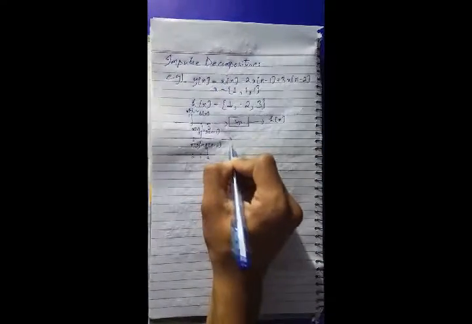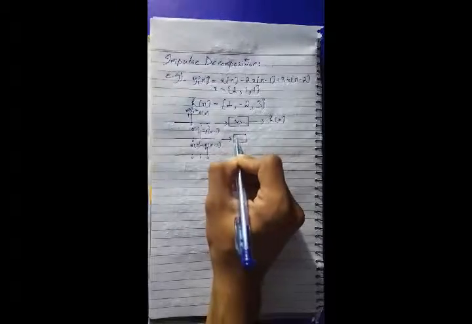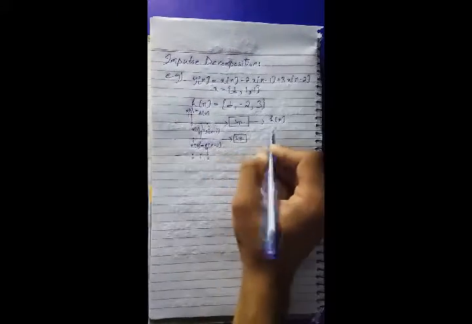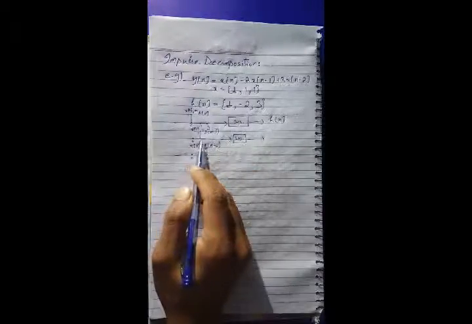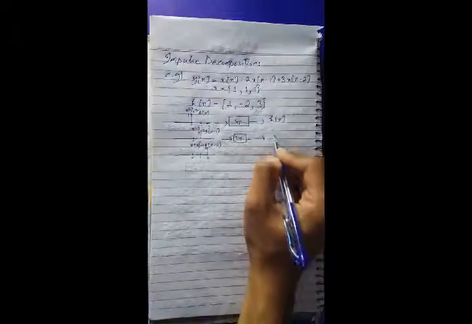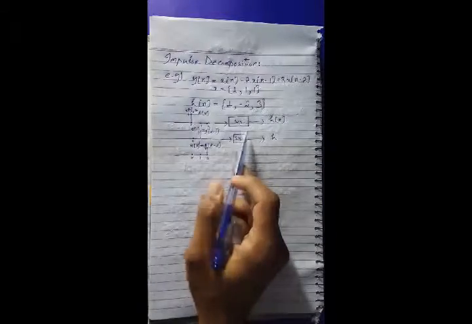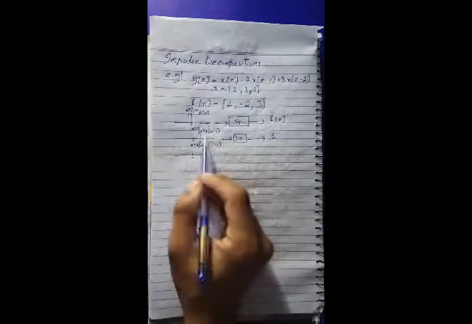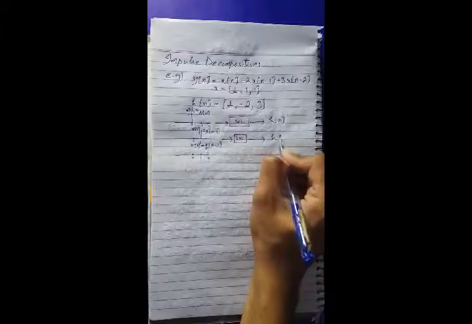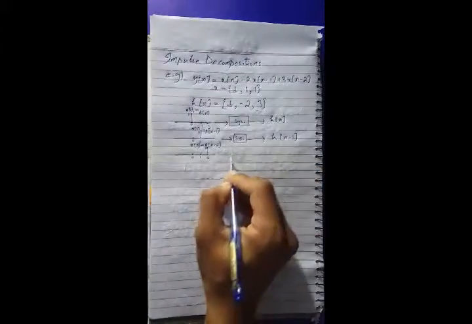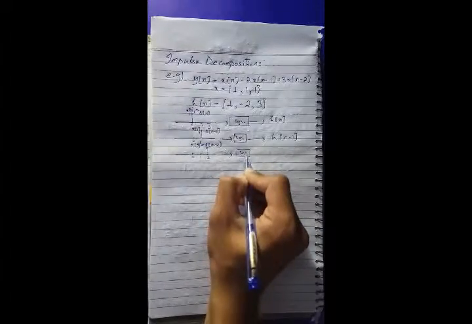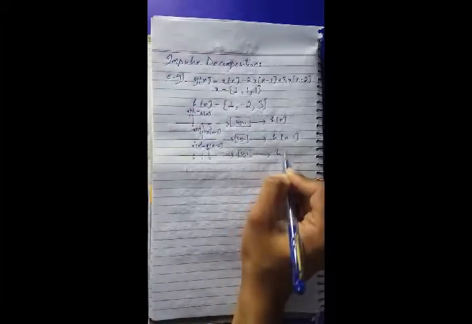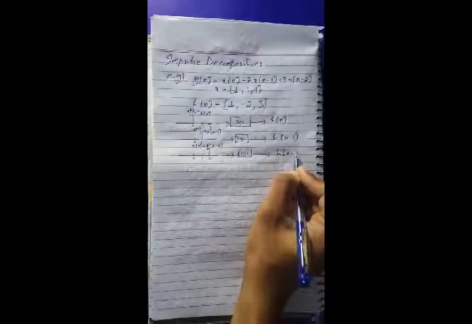When we pass the shifted unit impulse through, we get the impulse response shifted to the right, h of n minus 1. The same will happen for this impulse, and we'll get h of n minus 2.